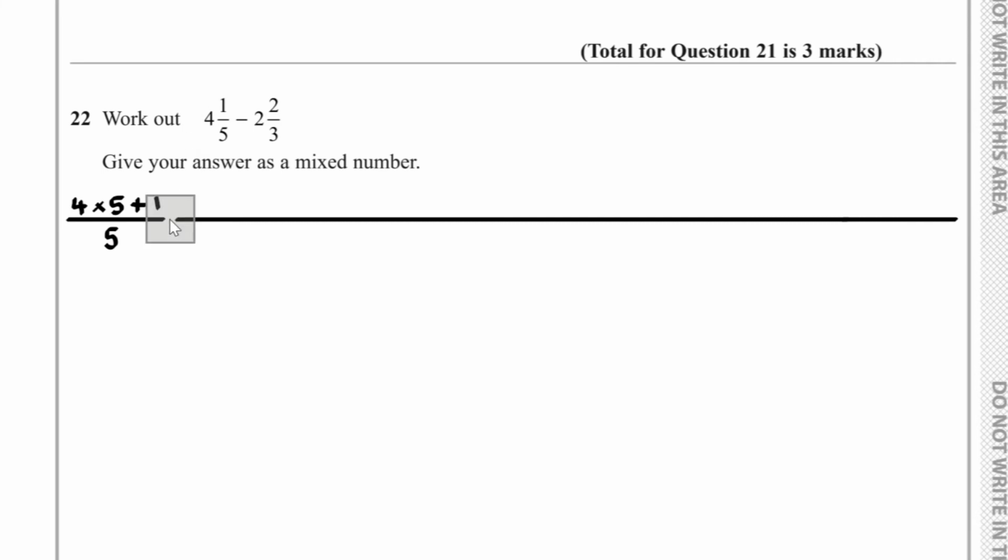And with this, I subtract 2 2/3. So I've got 2 times the 3 plus the 2 divided by 3. Now let's work this out. 21 divided by 5, subtract 8 thirds.